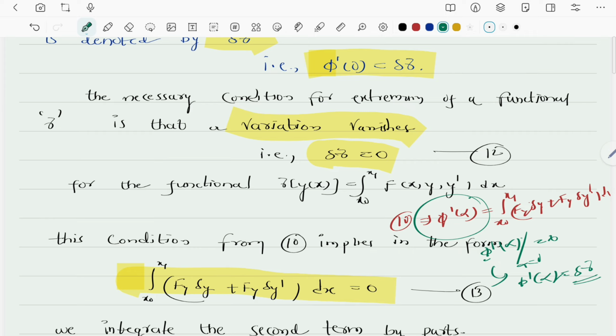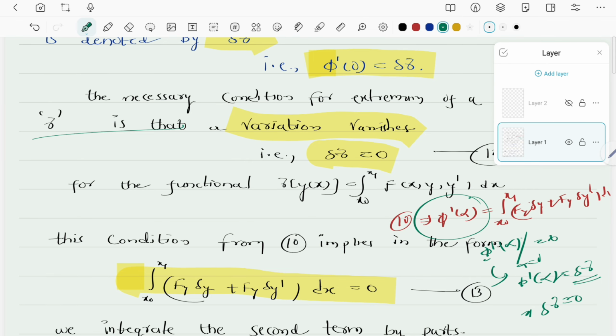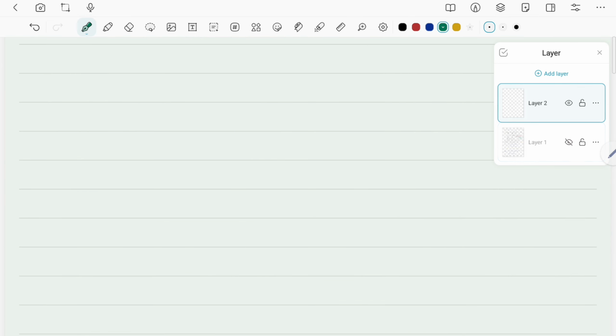Therefore the necessary condition for an extremum of a functional gamma is that its variation vanishes, which implies delta gamma is equal to 0. Clearly here we get that delta gamma is equal to the integral from x0 to x1 of fy into delta y plus fy dash into delta y dash, into dx.